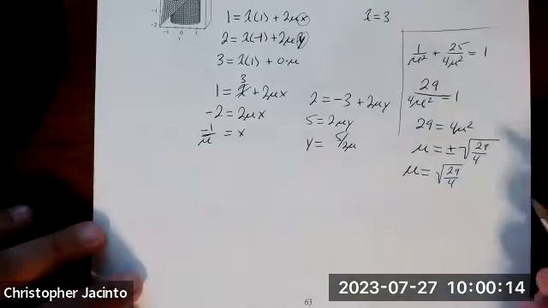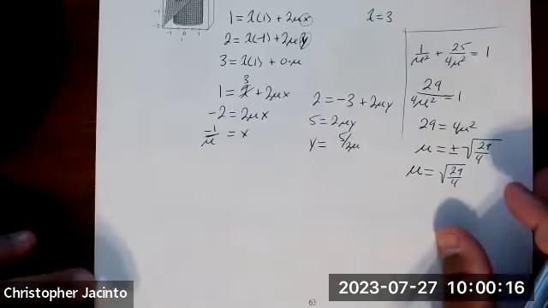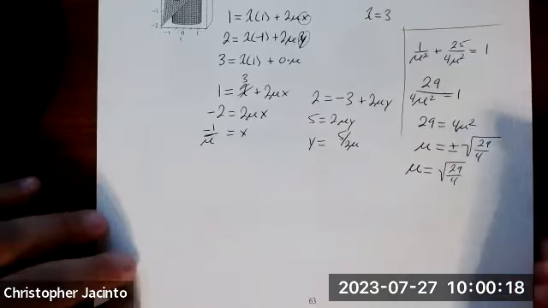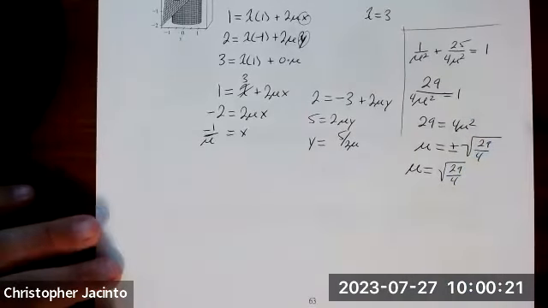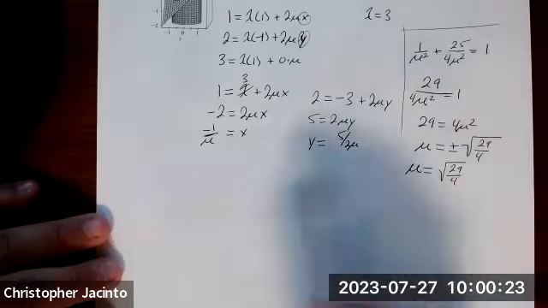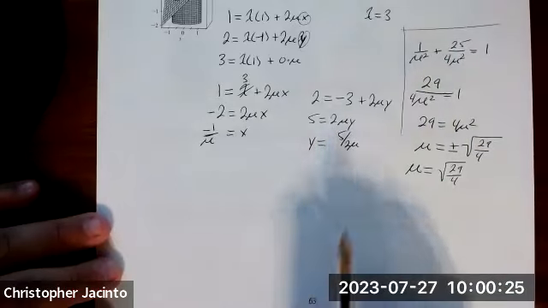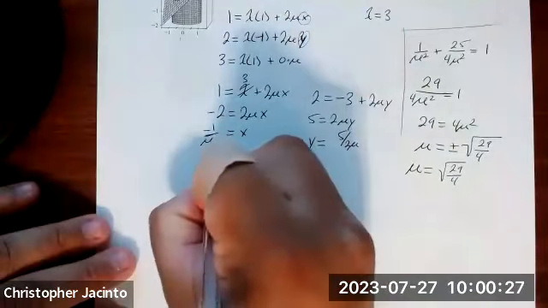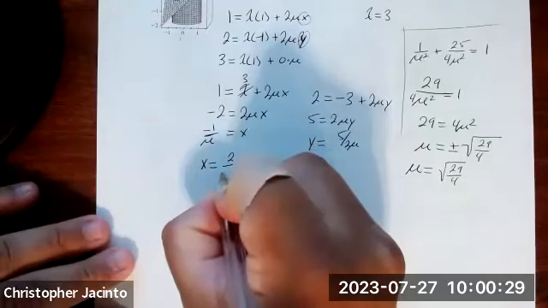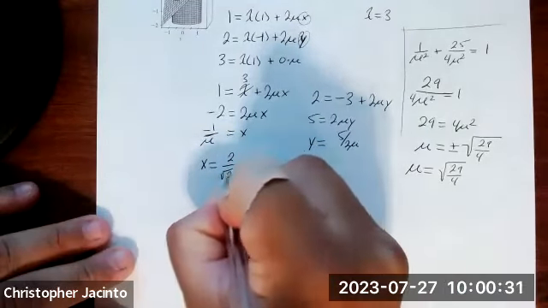I guess we can plug in negatives, and you'll see that they don't become the min or max. They're just arbitrary values, but just for the sake of time, let's do that. So now if you just plug in mu to here and there, we get x is equal to, and I just simplified a little bit.